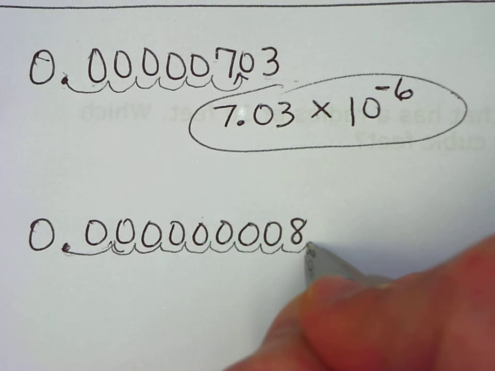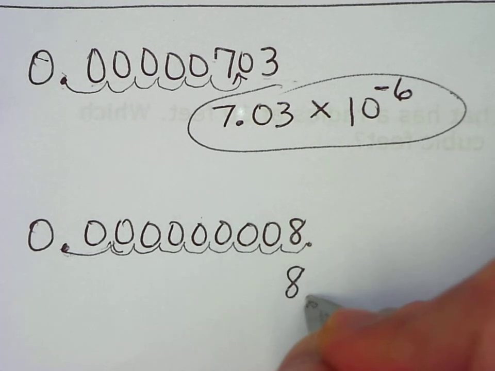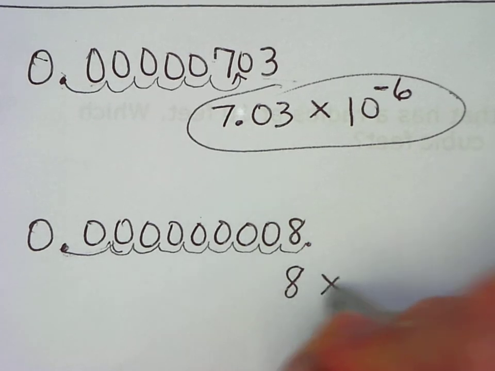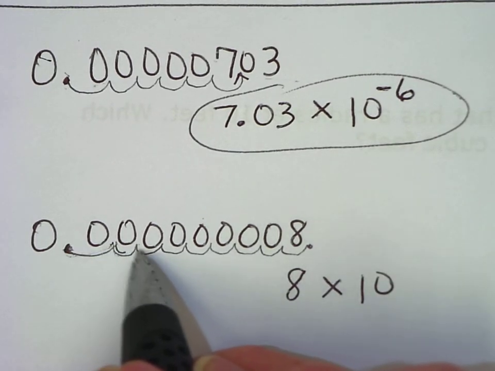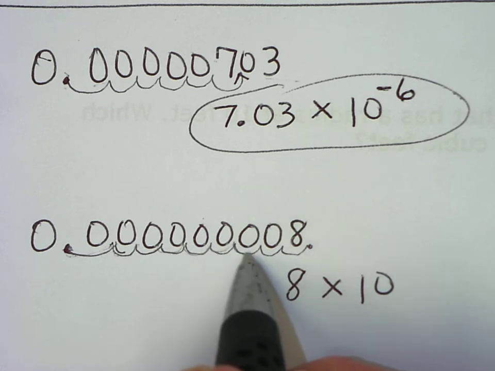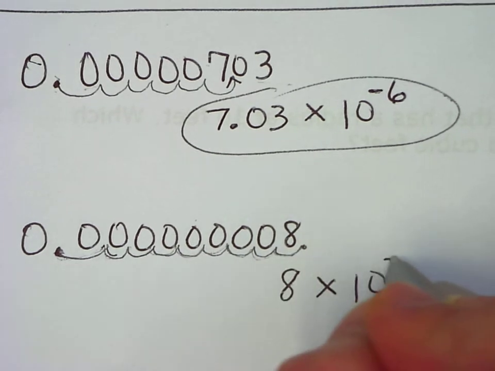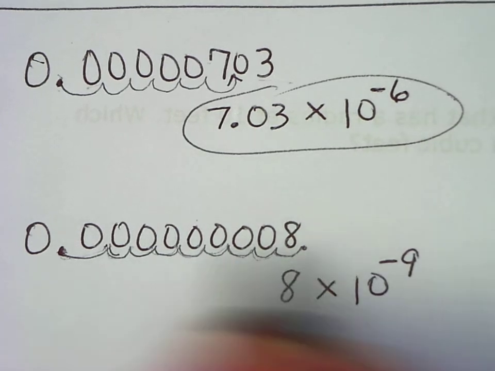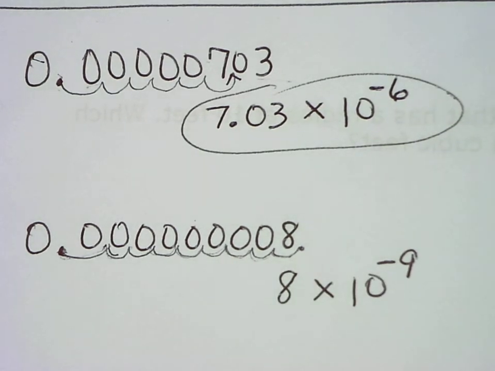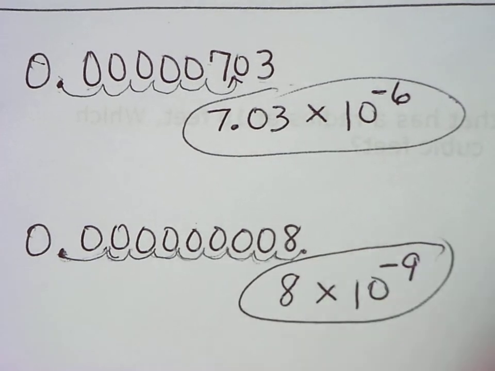I have to stop it after, because if I stop it at the end, it's 8. 8, that's between 1 and 10, times 10 to the, let's see how many times it took us to move it. 1, 2, 3, 4, 5, 6, 7, 8, 9 times. So 8 times 10 to the negative 9th. Again, it's negative because this number we started off with was less than 1 to begin with, and we moved it 9 times, negative 9. 8 times 10 to the negative 9th.